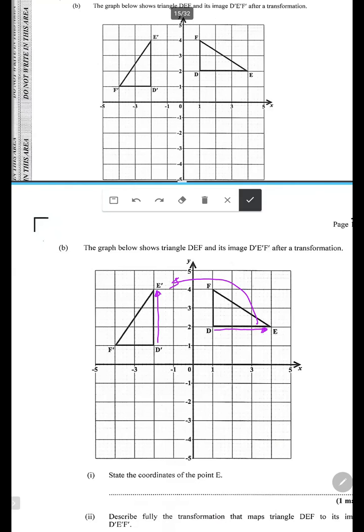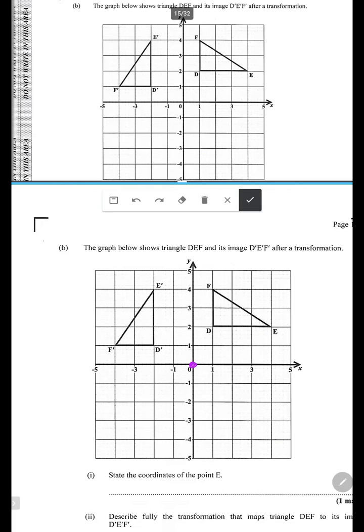The next thing we need to know is the center. A rotation has a center. Normally at this level, the center of rotation is the origin, so I'm going to check that. You can just look at the distance from the origin of the points.